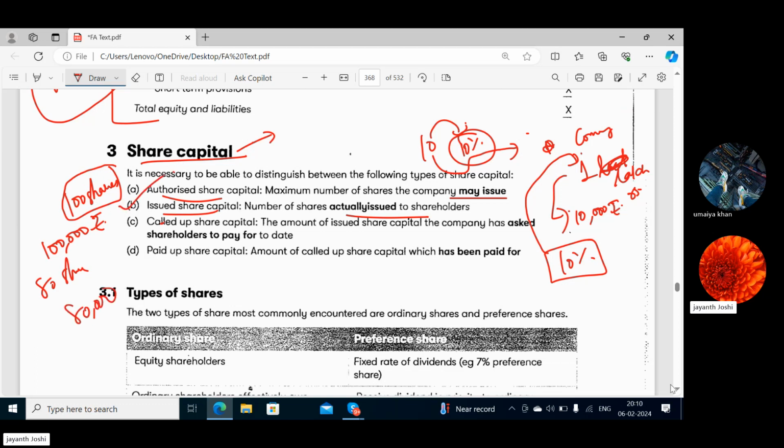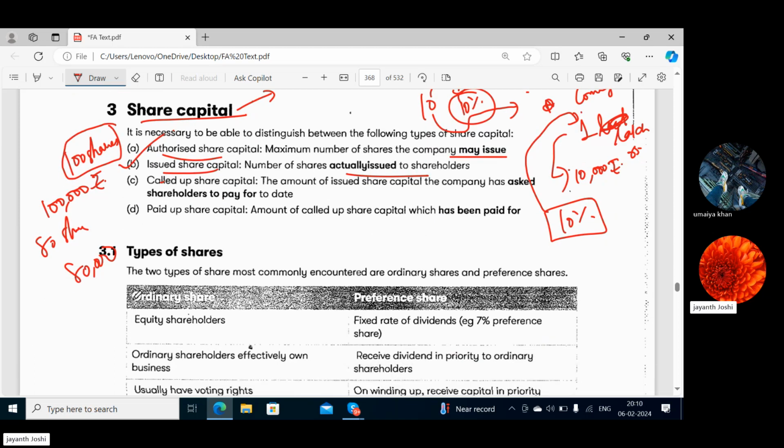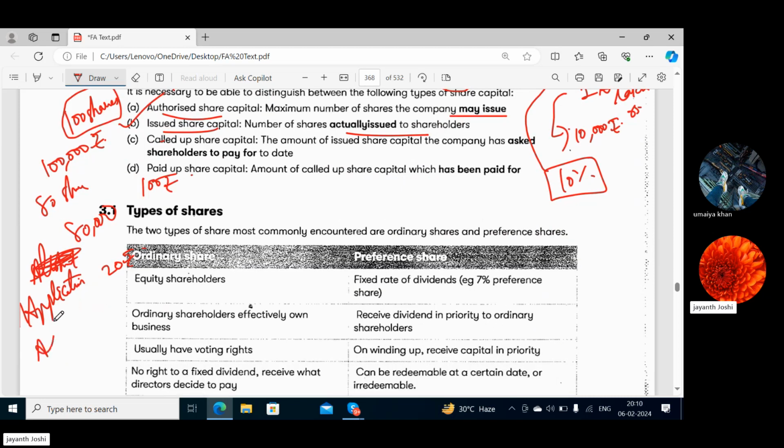The money I'm collecting from shareholders comes in 5 installments. Let's say one share value is 100 rupees. First is application: when people apply for shares, they have to pay the first installment of 20 rupees. Then comes allotment, the second installment of 20 rupees.